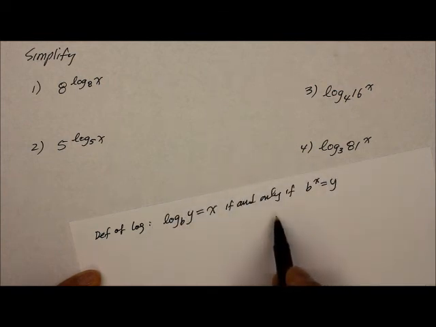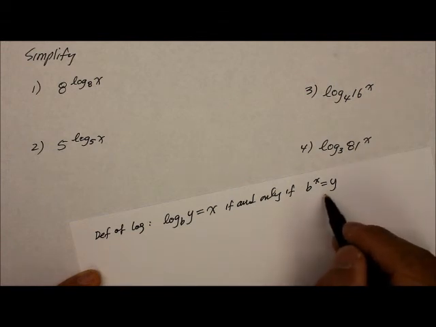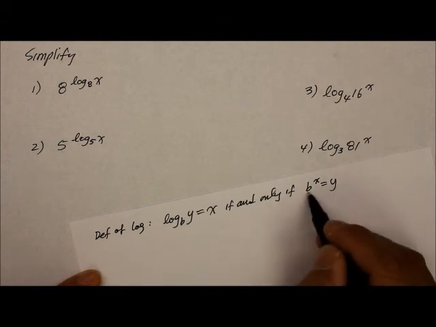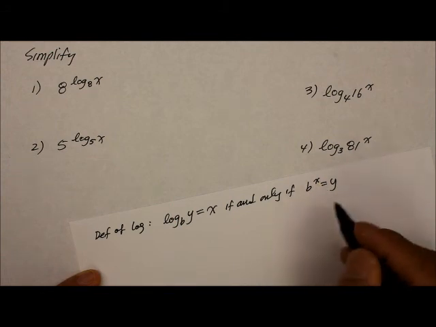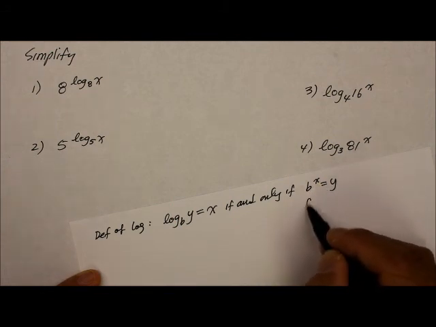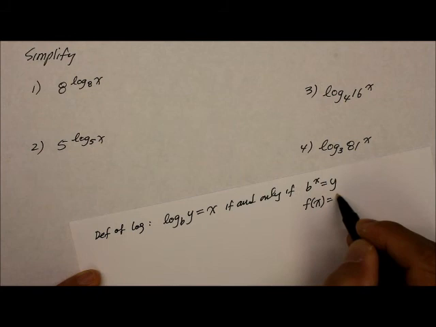And now to try to explain the inverse of it all, let's take this function, y is equal to b to the x power, as a function of x. So this can be written as f of x is equal to b to the x power. So that's okay.